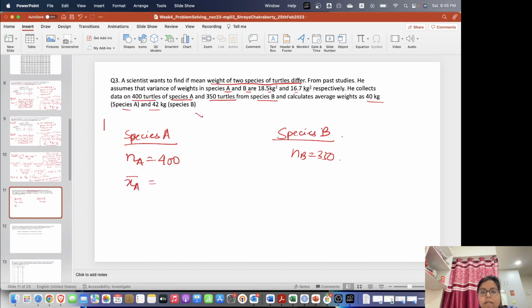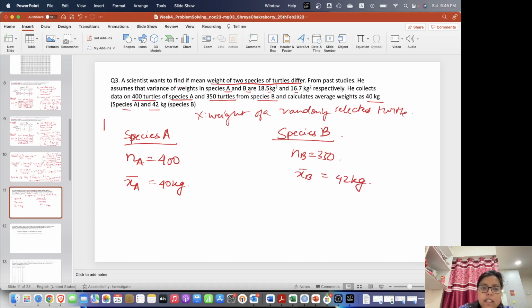Let's say X is the weight of a randomly selected turtle, this is my variable. Then X_A bar is calculated as 40 kg, X_B bar is calculated as 42 kg.